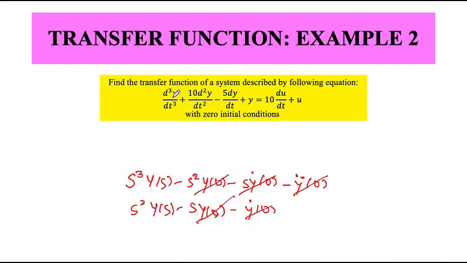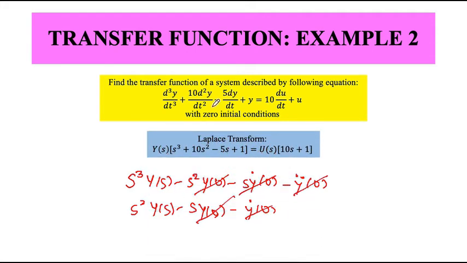So the Laplace transform of the left hand side will look like this: Ys times s cube plus 10 s square minus 5s plus 1, and on the right hand side it is Us. Input terms are there, so I am taking Us common, 10s for single differentiation plus 1.